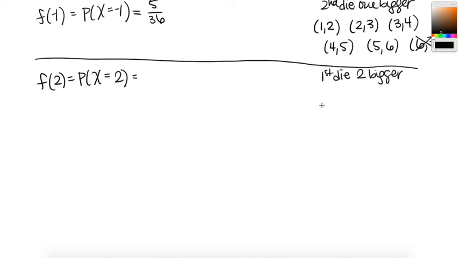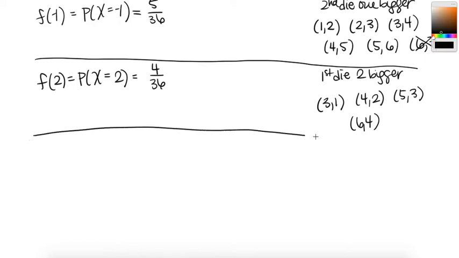So the first die can't be 1 because that's not 2 bigger than anything. Same with 2, but it could be 3. It could be 4. It could be 5. And it could be 6. So that's 4 different possibilities. 4 out of 36.